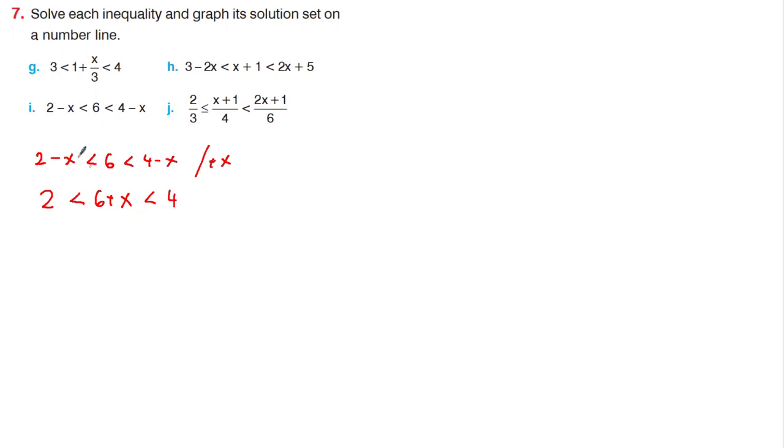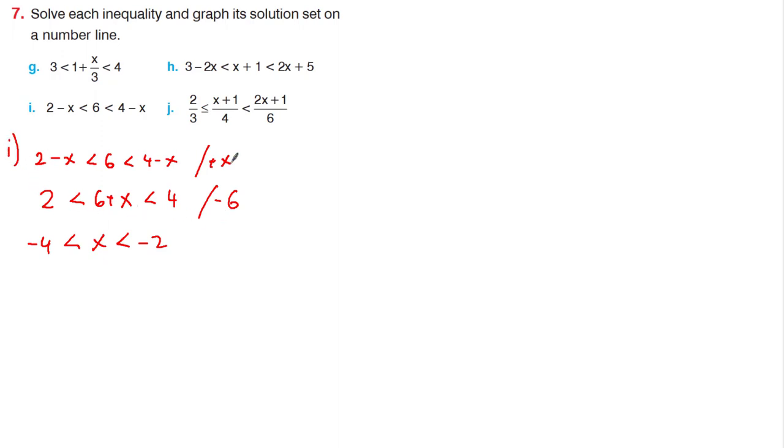Now we got rid of these x's on these two inequalities here. It may happen sometimes, rarely. Now we can subtract 6, negative 4, negative 2. So x is between negative 4 and negative 2.